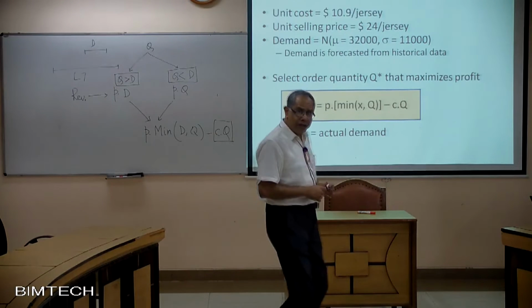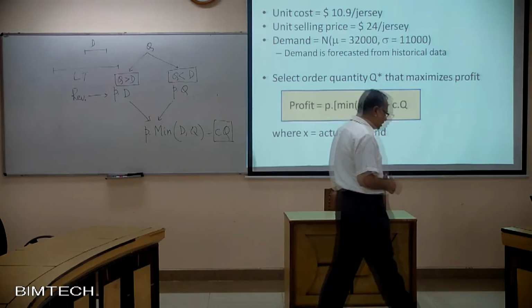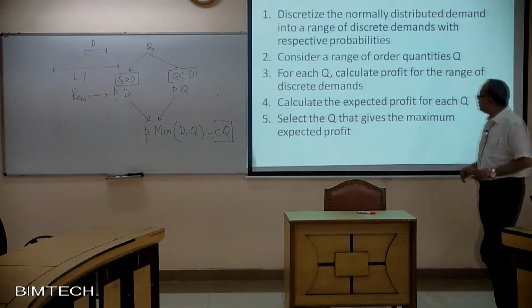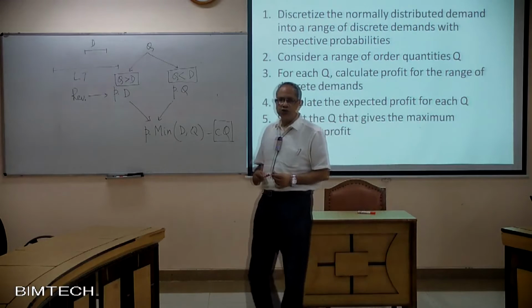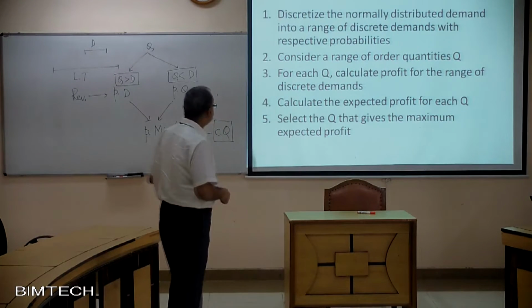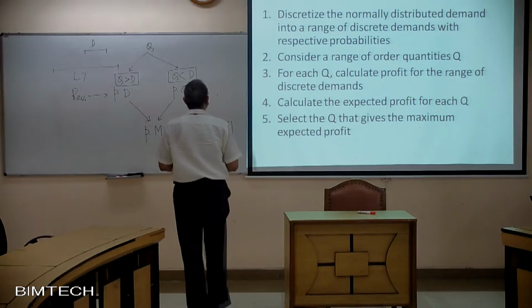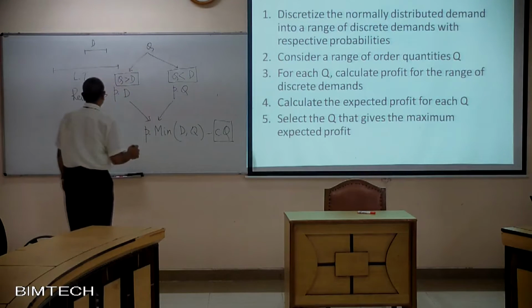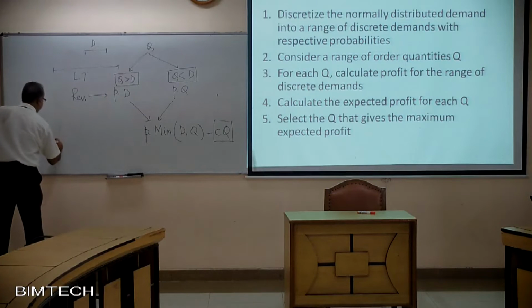Let me first very briefly describe the method. This is the numerical solution method. What we do is, we have a normal distribution. The demand is normally distributed. So let me just quickly explain this.